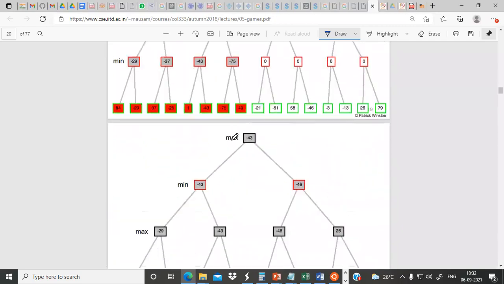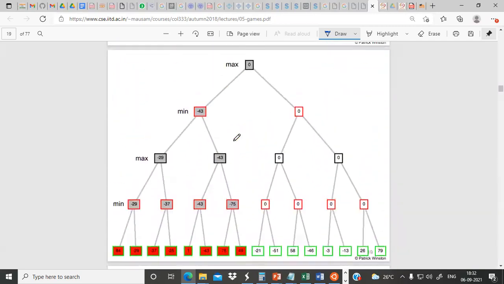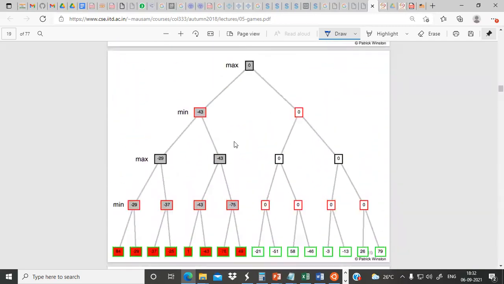So here directly it is shown. For example, minus 29, minus 21. First this will be minus 21. Okay. Then this is max, this is 0, right? Out of this 2, 0. Again, this is min, 0. Again, out of this 2, it is max, it is 0.